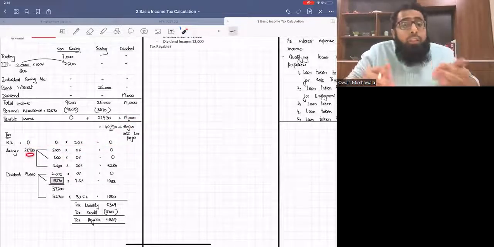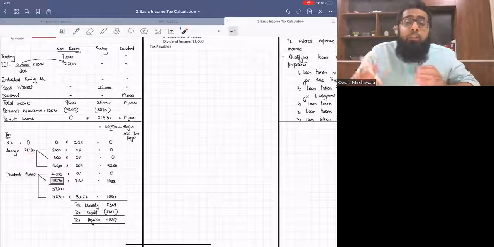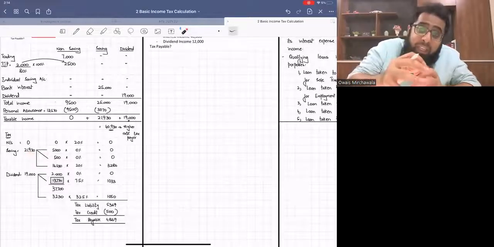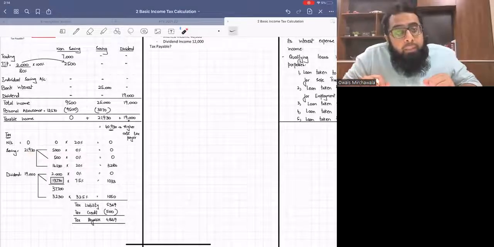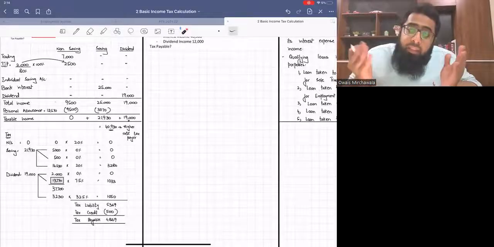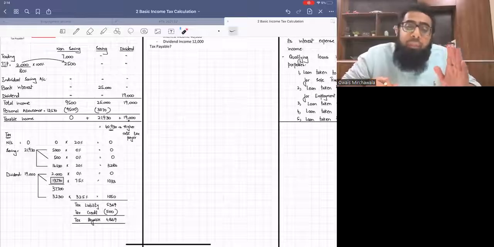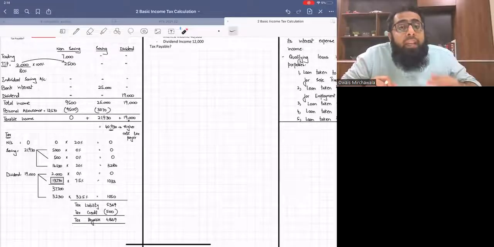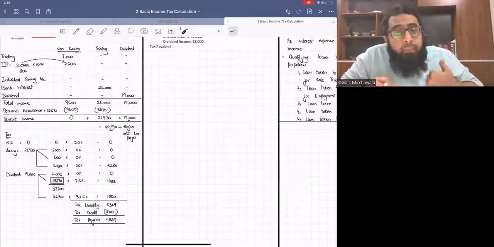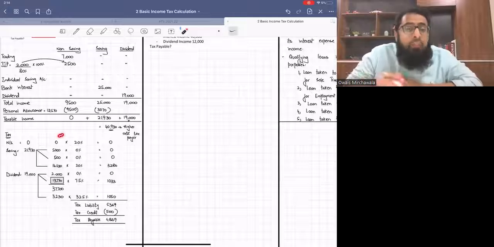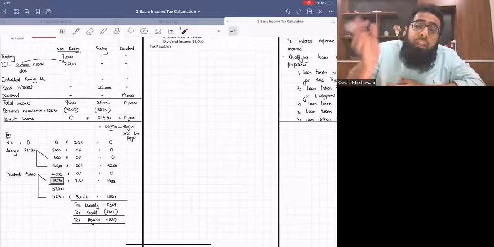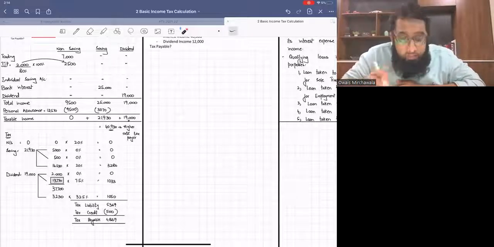Since the non-saving income is less than 5,000, saving income got space in the first 5,000. Whenever saving income gets space in the first 5,000, to the extent it gets space there, you get an additional 0% band. Since here the non-saving was simply 0, the saving income got the whole 5,000 space.